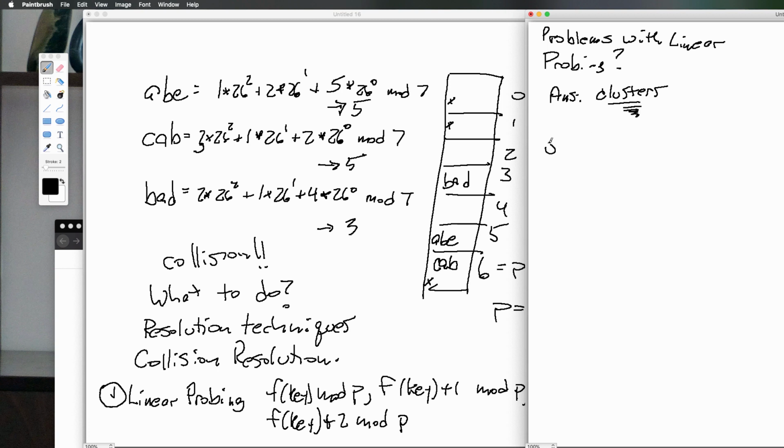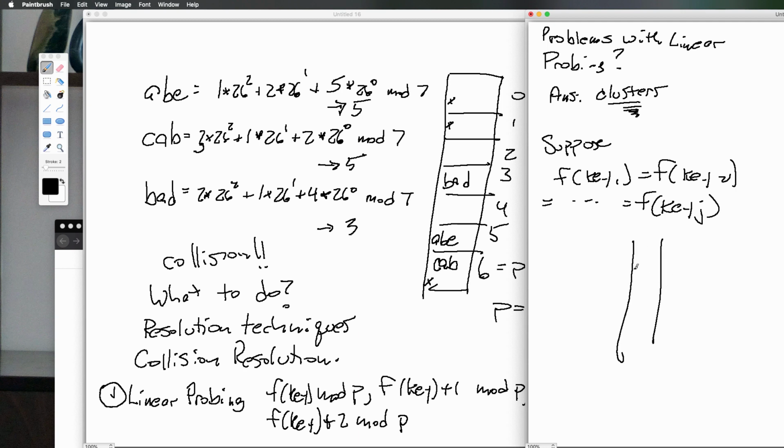In other words, suppose f of key 1 is equal to f of key 2 is equal to a whole bunch of keys that all go to the same place. So what's going to happen is you're going to get, here's where f of key went.